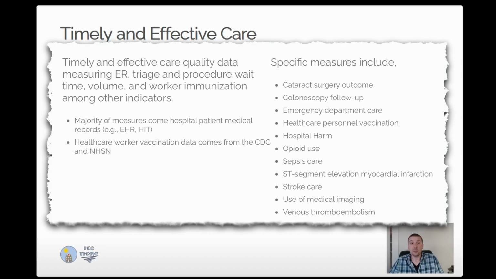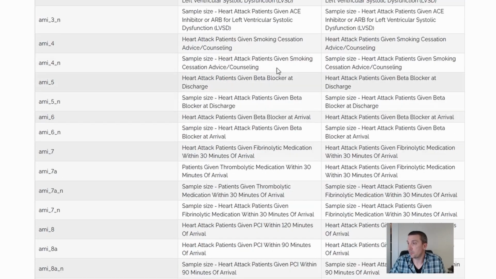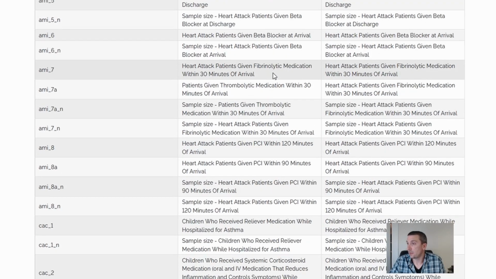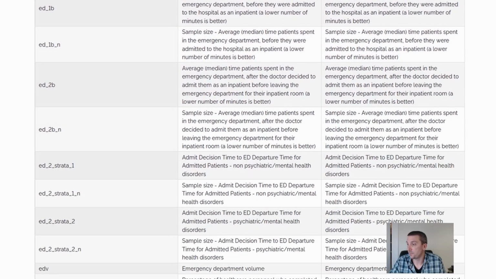Most of these measures come from patient records, whereas the vaccination records come from the CDC. And you can see some of the examples over on the right. And here looking at the data documentation, smoking advice, are they given the appropriate medication, etc.